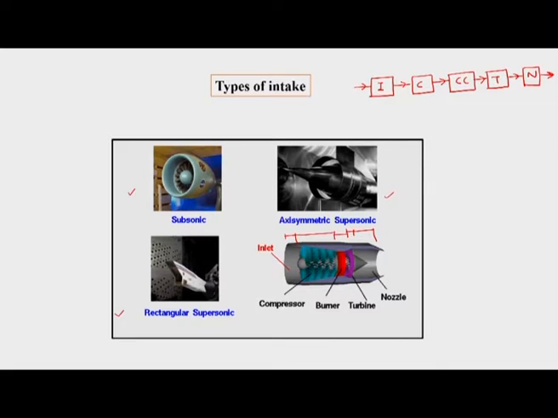Then why should we have an intake? Our main objective for the aircraft engine is to have combustion, or rather heat addition, at high pressure, such that we have high temperature and high pressure gas at the entry to the turbine. For that we have to increase the pressure of air using a compressor.